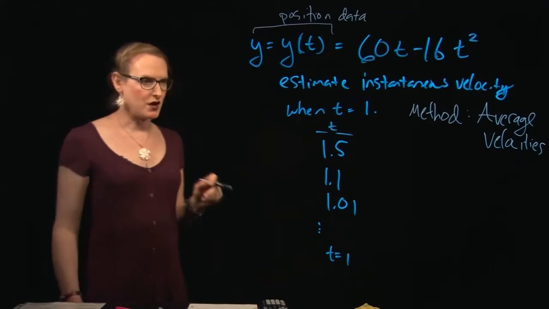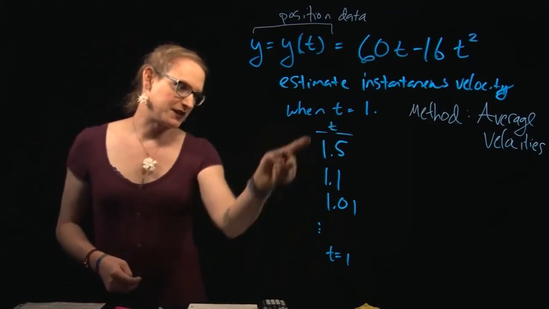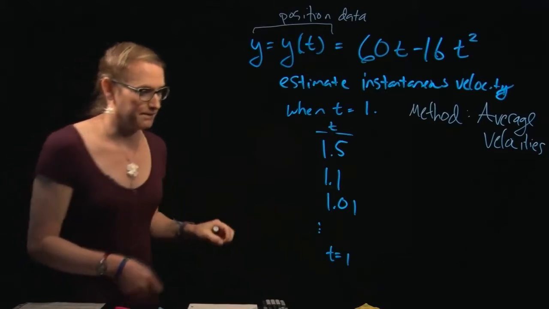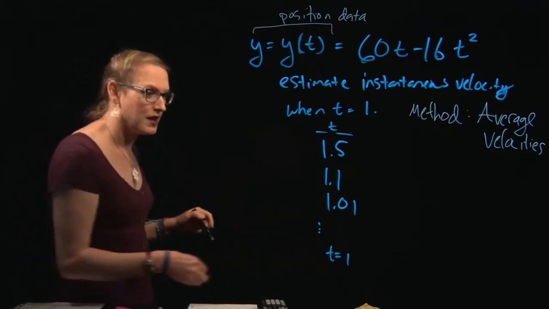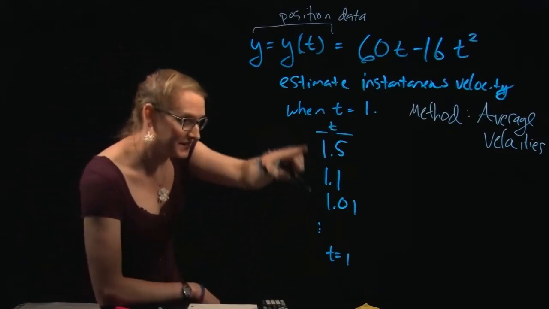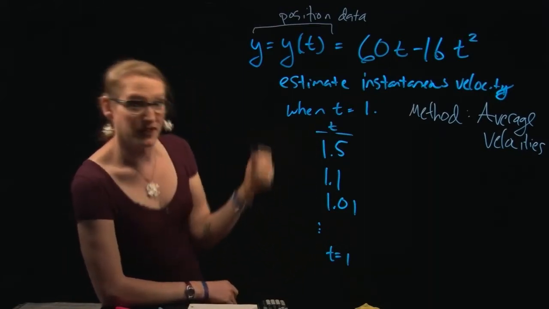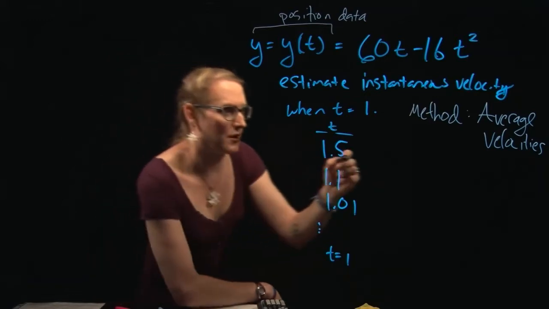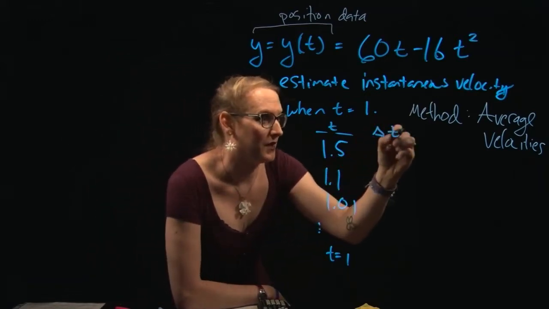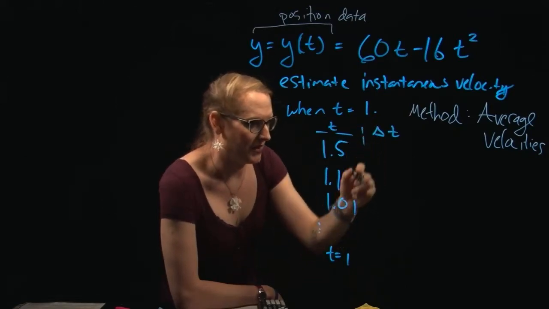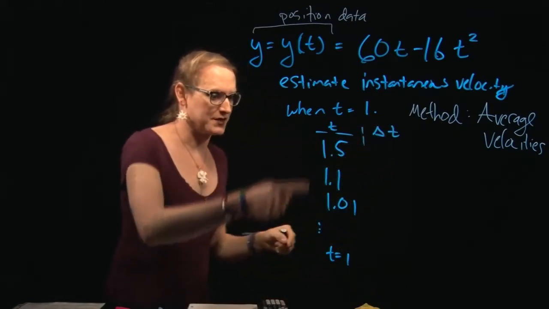What I'd like you to notice is that each of these t values is some distance from the point that we're really interested in. We can express the distance each of these is from this one by writing delta t. So I'm going to put the delta t right there, and that's the distance that this time is from this one.